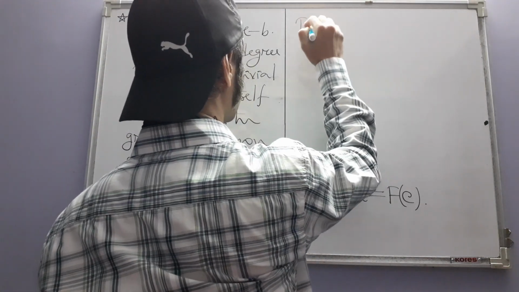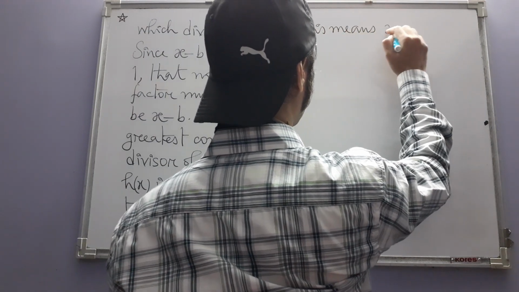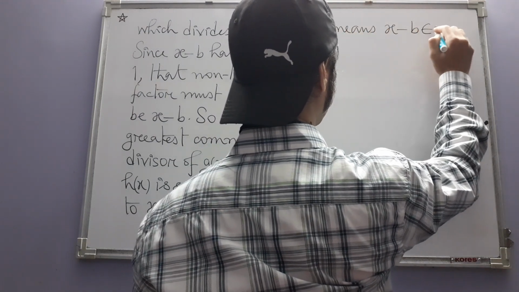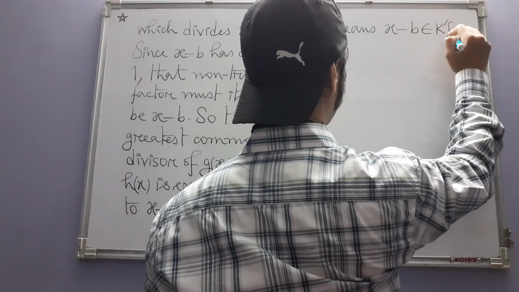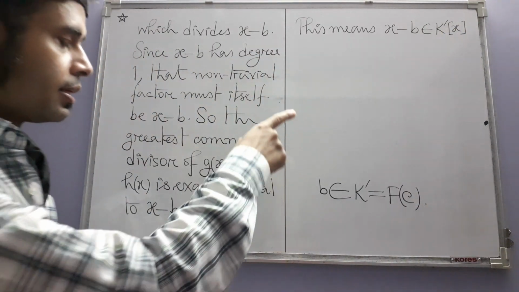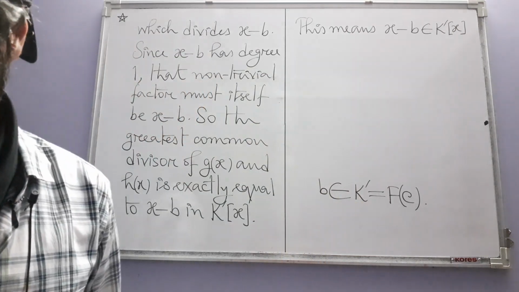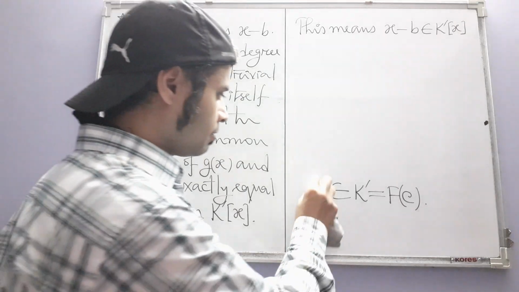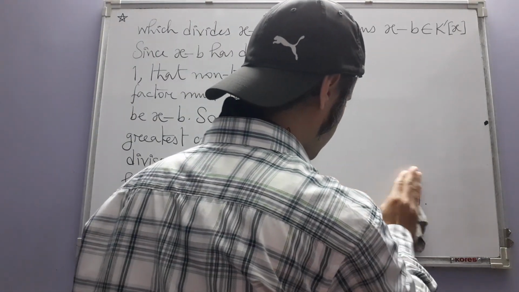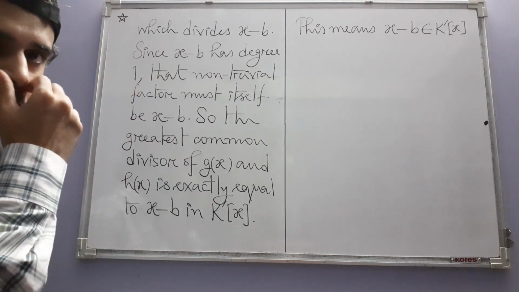This means x minus b belongs to this. In the text, k, in place of k prime you will see k, but because I have used k in the beginning itself, which the author hasn't used, that's why I am calling it k prime.